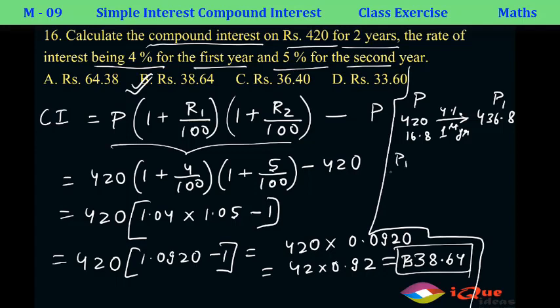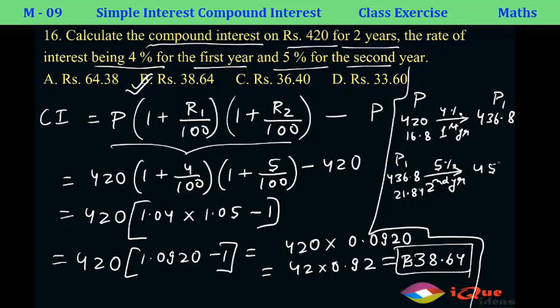Now from first year, after 1 year it is 436.8. In the second year, it is increasing by 5%. Now 10% of 436.8 will be 43.68. 5% will be 21.84. So add that 21.84 to this value, you will get 458.64 rupees.